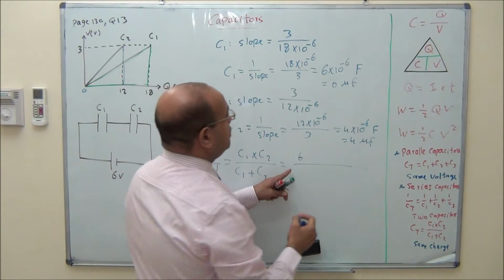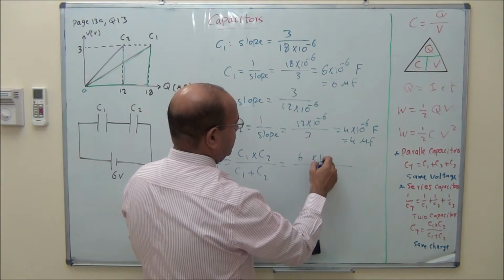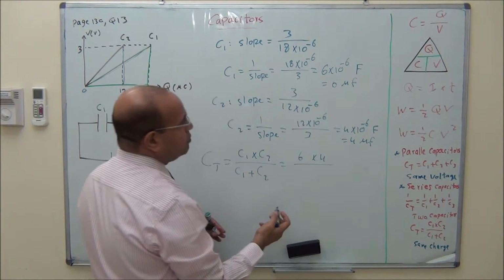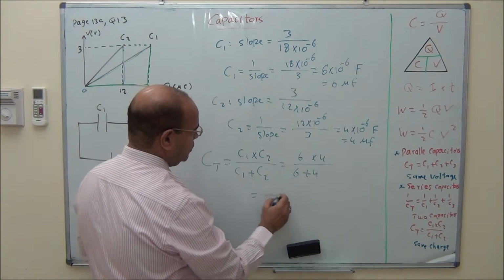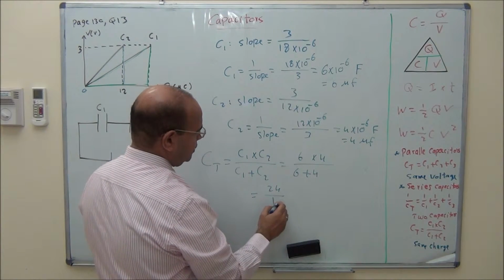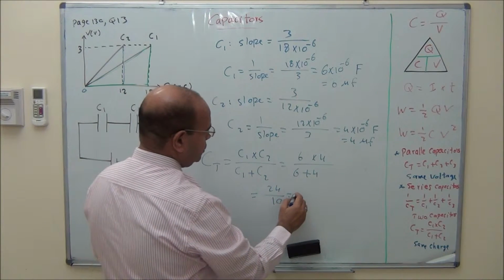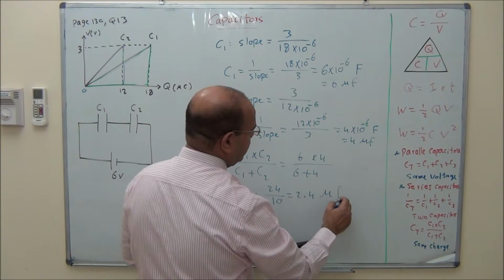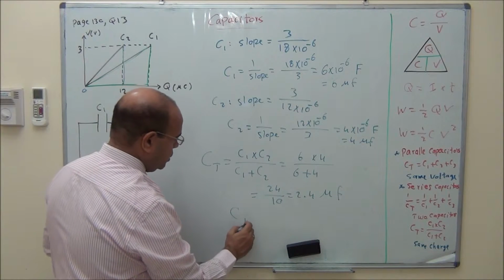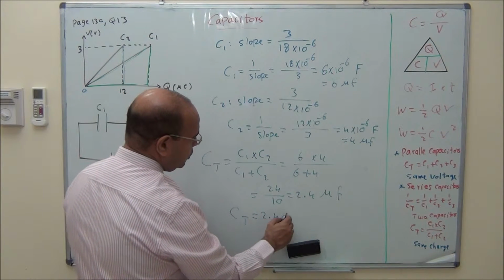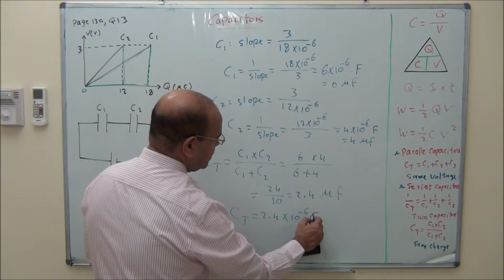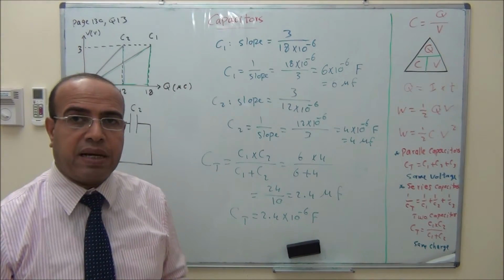So C1 multiplied by C2 is 6 multiplied by 4 over 6 plus 4. 6 multiplied by 4 is 24, and 6 plus 4 equals 10. So it's 2.4 microfarad. C total equals 2.4 microfarad, or 2.4 multiplied by 10 to the power negative 6 farad. So this is the answer.